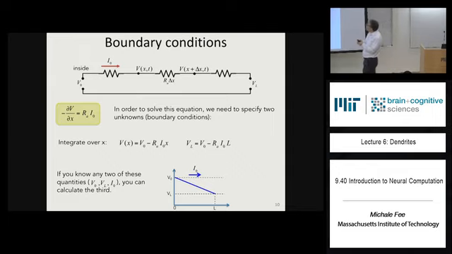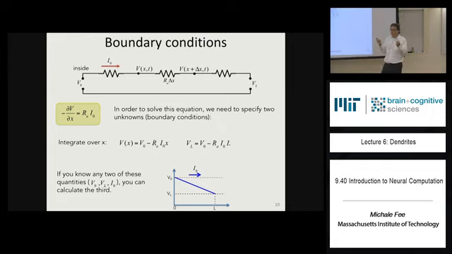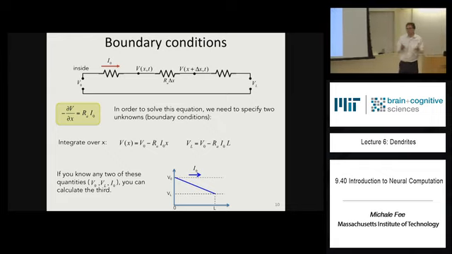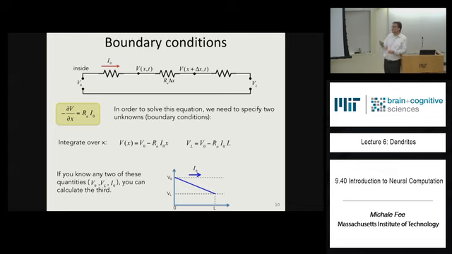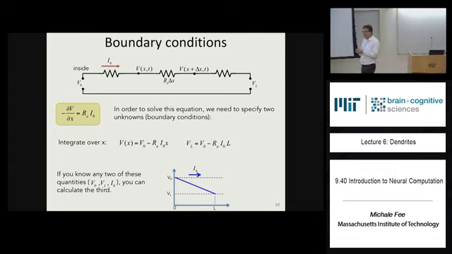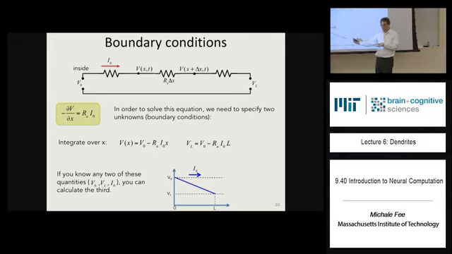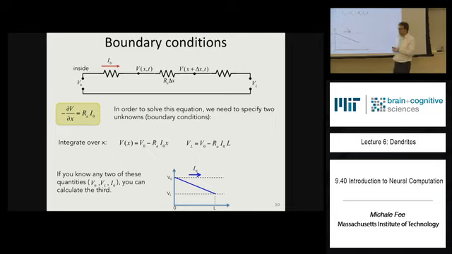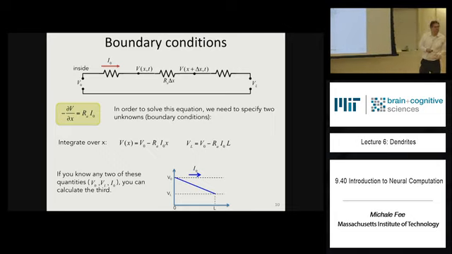If you don't know some of those quantities, you can't write down the solution to the equation. It's just the simple idea that when you integrate a differential equation, you need to have an initial condition in order to actually solve the equation. Okay? Any questions about that?